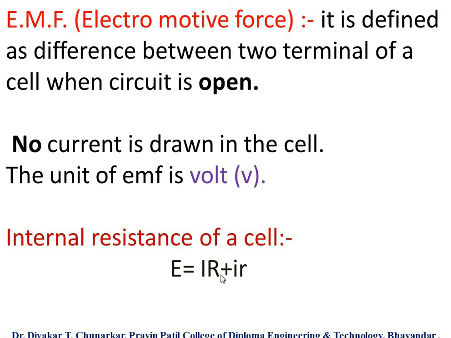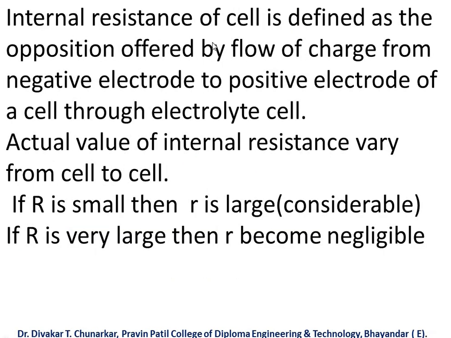Internal resistance of a cell is defined as the opposition offered to the flow of charge from the negative electrode to the positive electrode of a cell through the electrolyte.